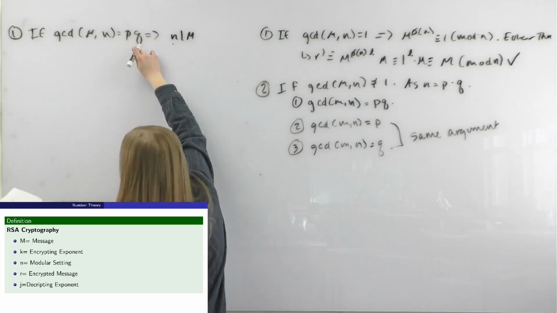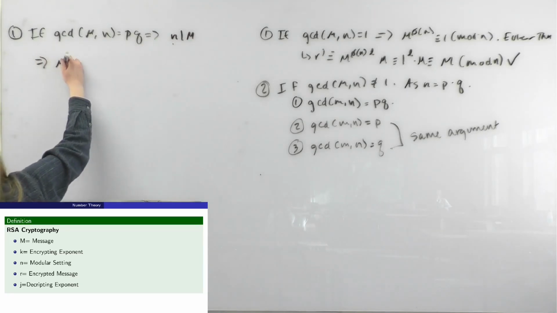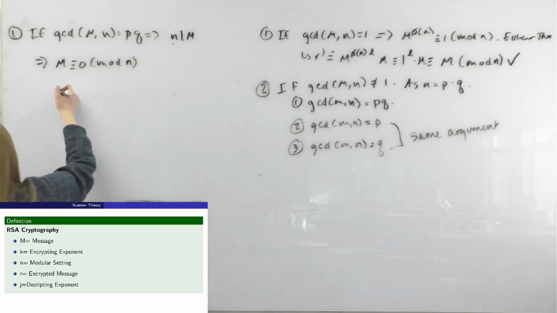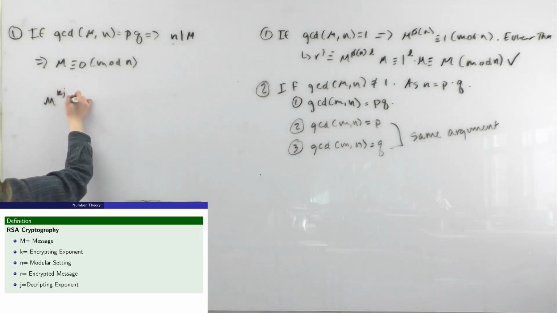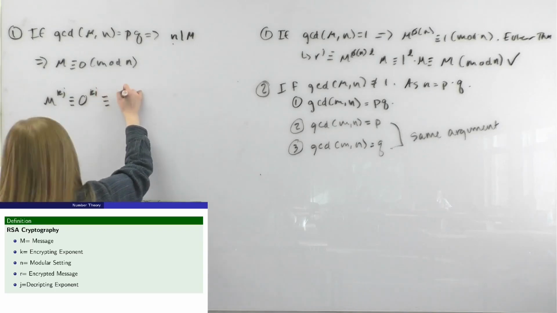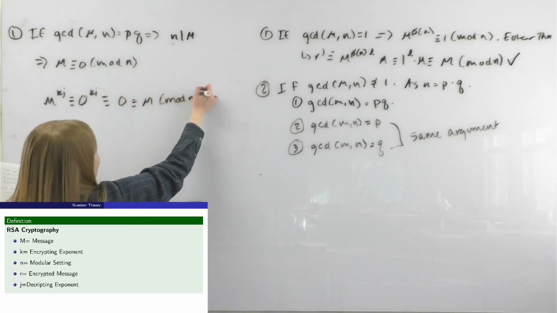Because N is just P and Q. So immediately we get that M is congruent to 0 mod N. So we can say that M to the Kj is congruent to 0 to the Kj, which is congruent to 0, which is congruent to M mod N, right?